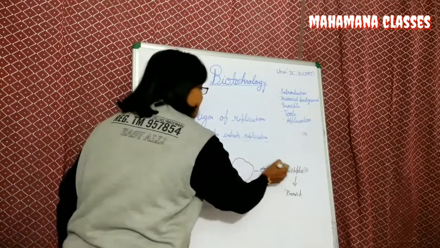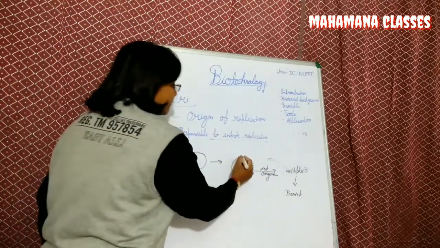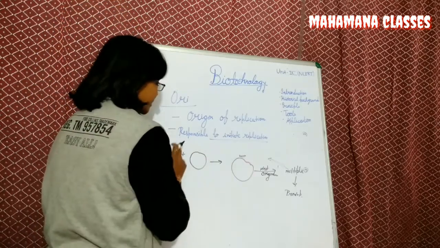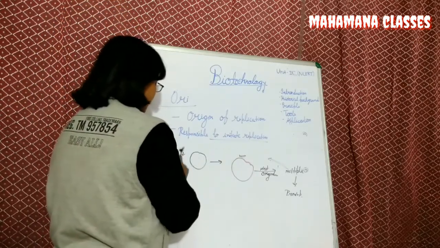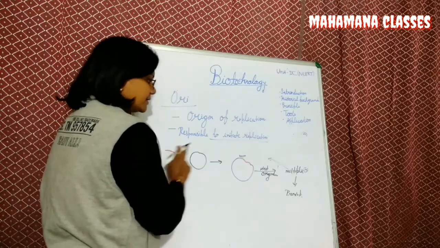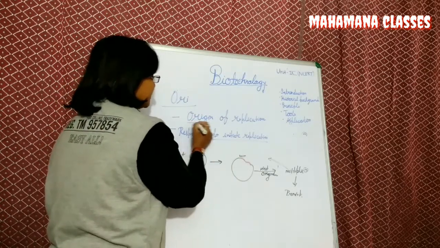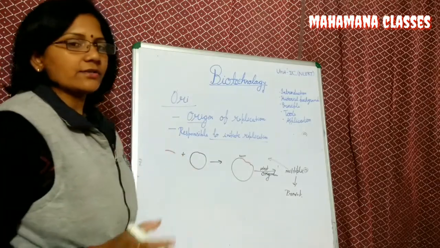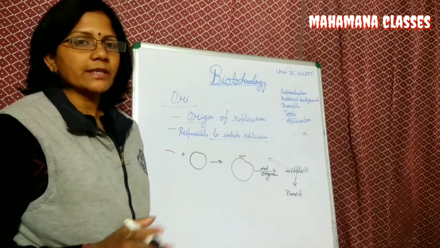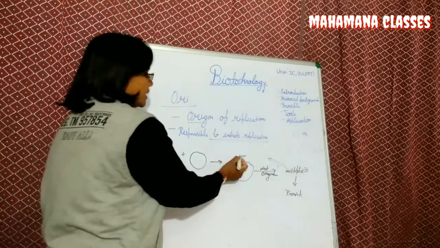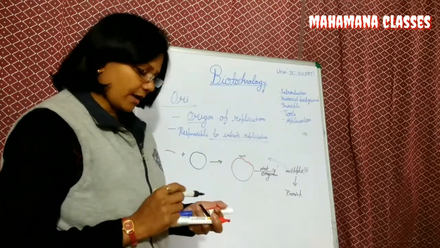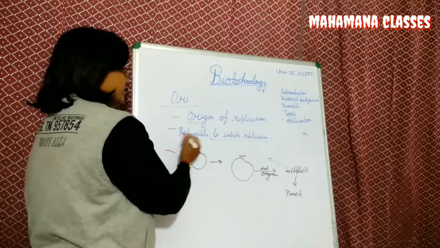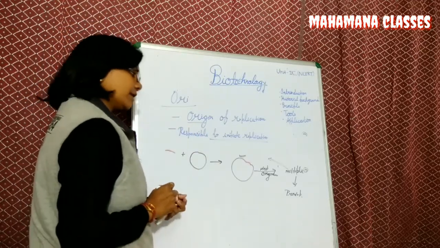The multiplication will happen only when it goes for replication, and this will happen only if our desired DNA piece is joined at the ORI, the origin of replication. Otherwise, the creation of recombinant DNA will fail because its multiplication will not happen. So that was about ORI, which is responsible for initiating replication.